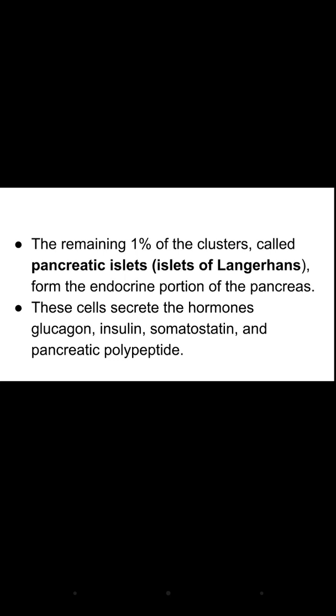In the exocrine, the secretions are secreted directly into the ducts, while in the endocrine, the secretions are secreted directly into the blood and the body fluid. As I told you, acini cells secrete the pancreatic juice, but the islets of Langerhans secrete hormones. These are 4 hormones. First is glucagon, second is insulin, third is somatostatin, and the fourth is pancreatic polypeptide.